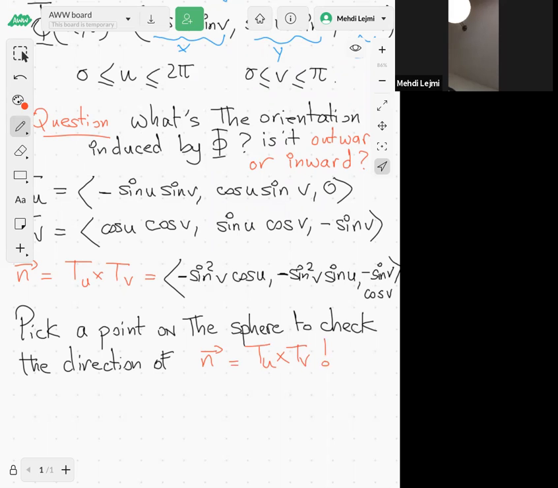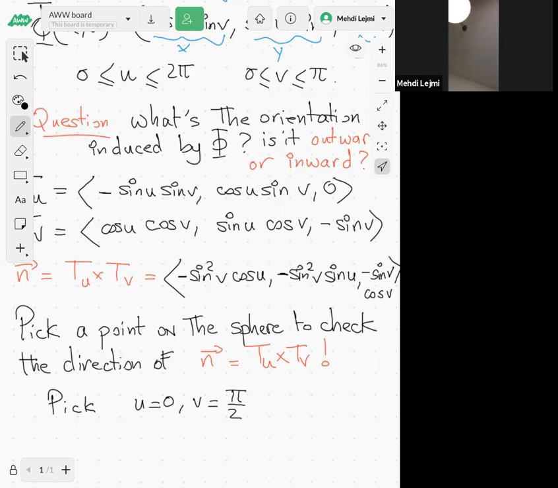Let's just pick a point. You can just pick a random point and see what will be the direction of this vector at that point. Let's pick something very simple: u is 0 and v is pi over 2.